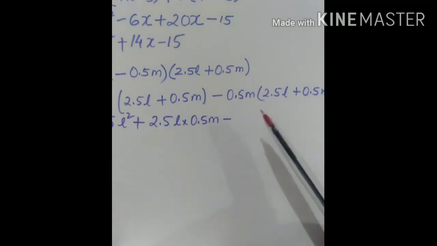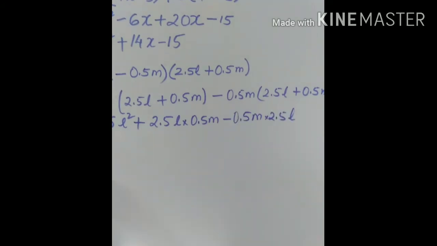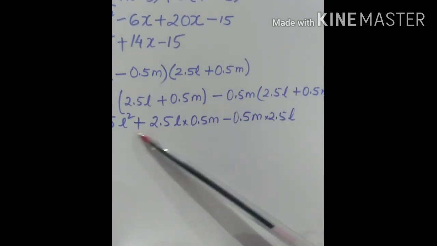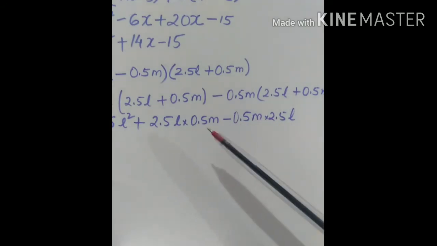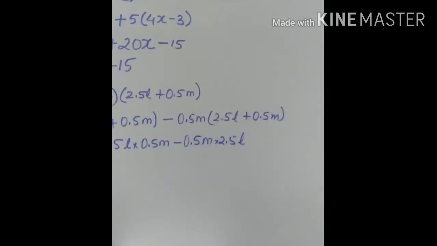Now minus 0.5M into 2.5L. If you see carefully, this term is plus and this term is negative, so both of these will cancel off. You need not multiply, just write in the multiplication form. And now 0.5 multiplied by 0.5. 5 fives are 25 and two places of decimal, so this is 0.25M square.